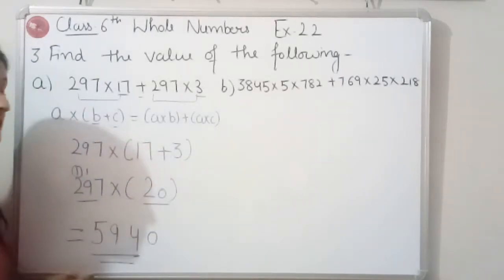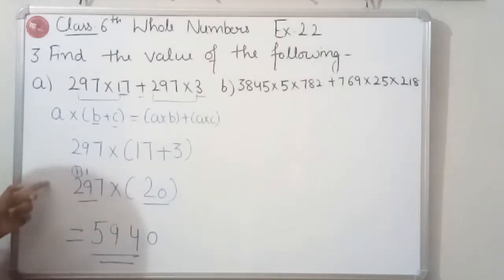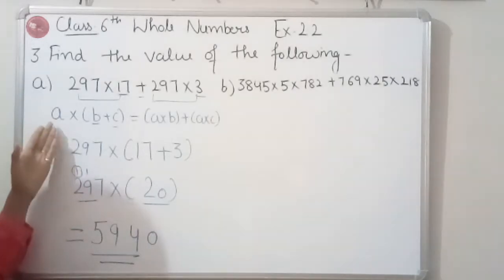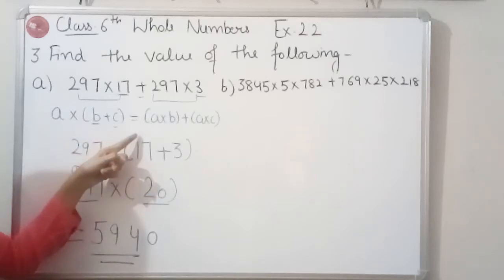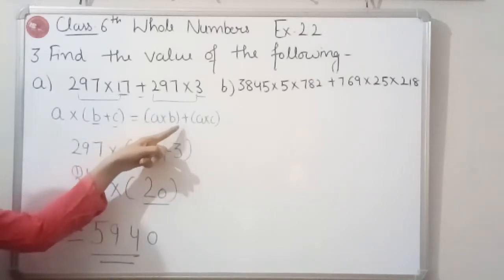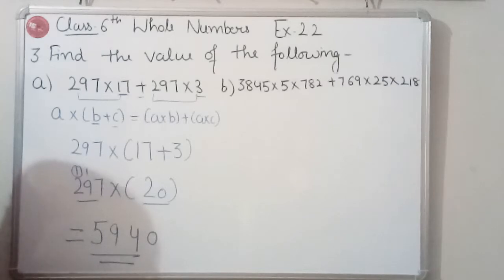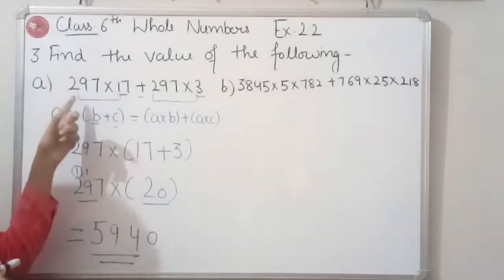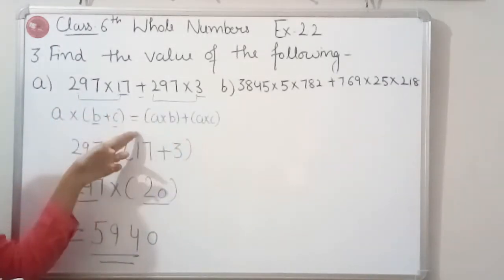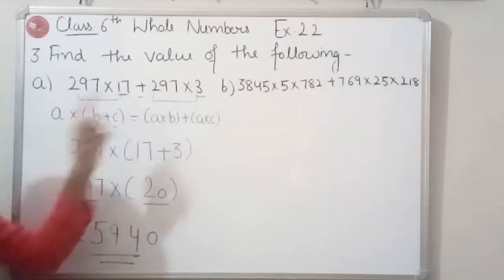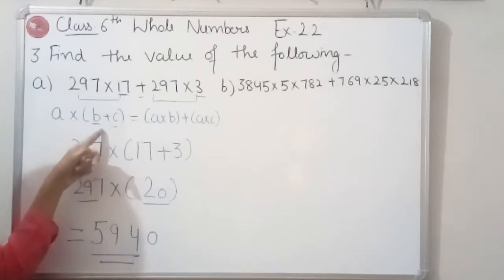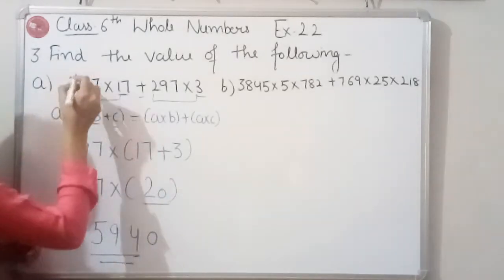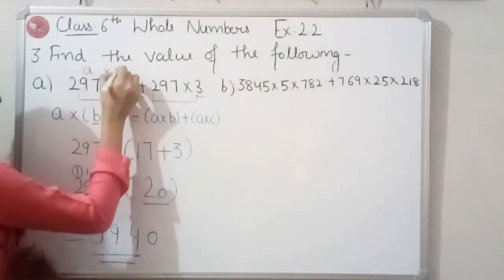Okay children, what we have done here is we have used the distributive property. What was our distributive property? A multiplied by (B plus C) is equal to A multiplied by B plus A multiplied by C. Here we have been given the expression in the form A multiplied by B plus A multiplied by C, so this will be equal to A multiplied by (B plus C).